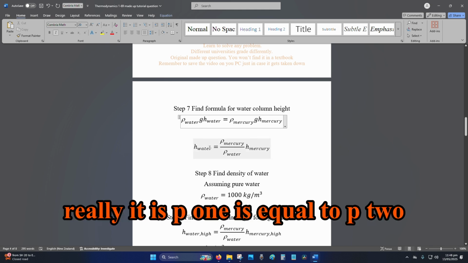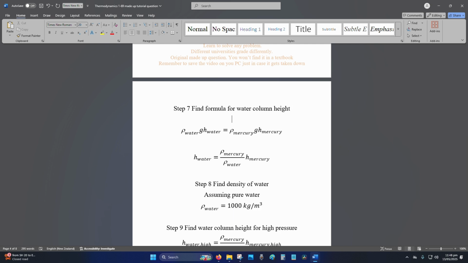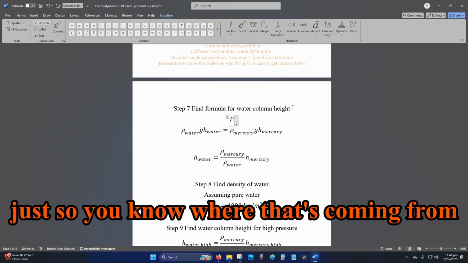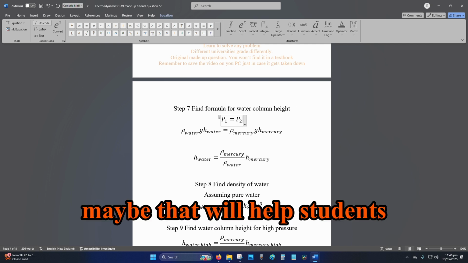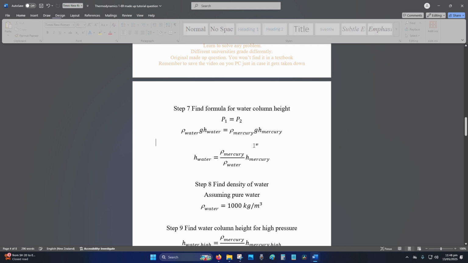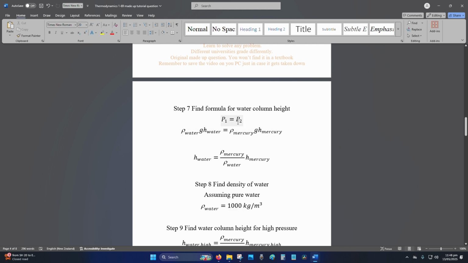Really it is P1 is equal to P2. I will add that in just so you know where that's coming from. Maybe that will help students. So we've got one pressure is equal to another pressure.